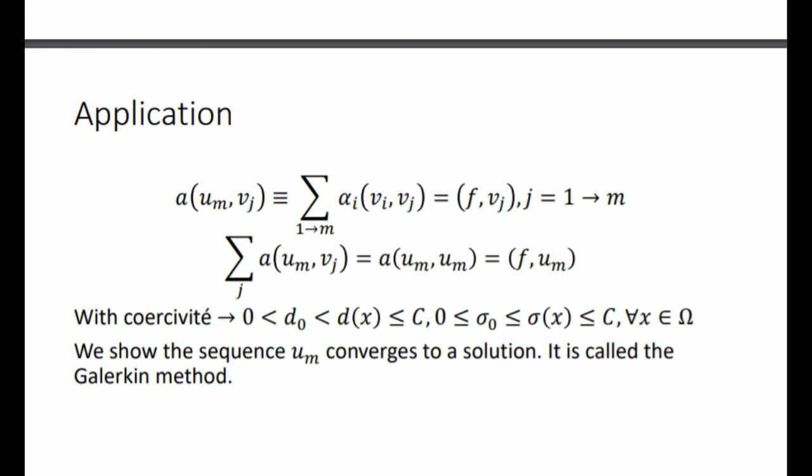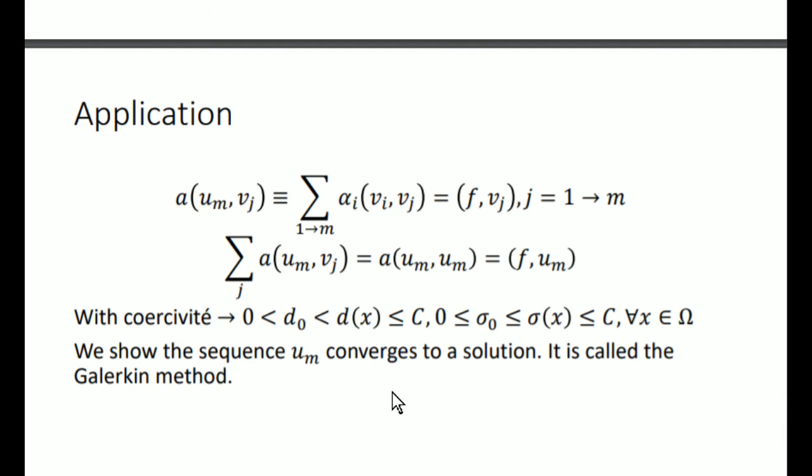The sum over j of alpha j can be put inside by linearity, and you have a final problem in which you have A that will converge to a certain value. And with the coercivity that is guaranteed by this, we show that the sequence converges to a solution.